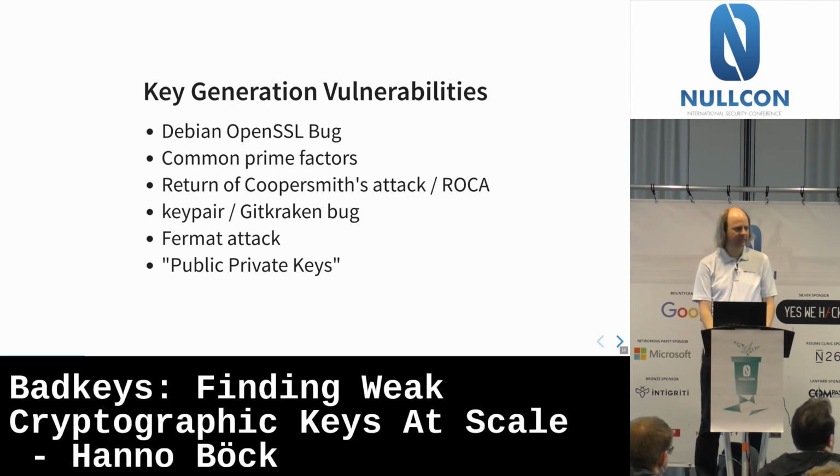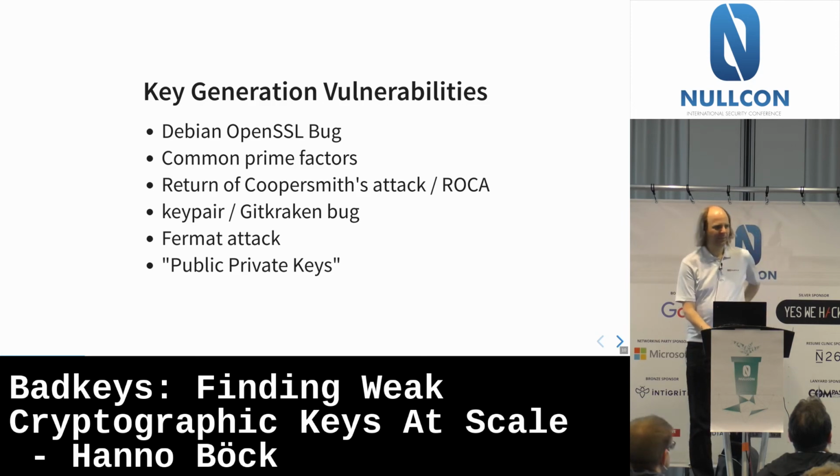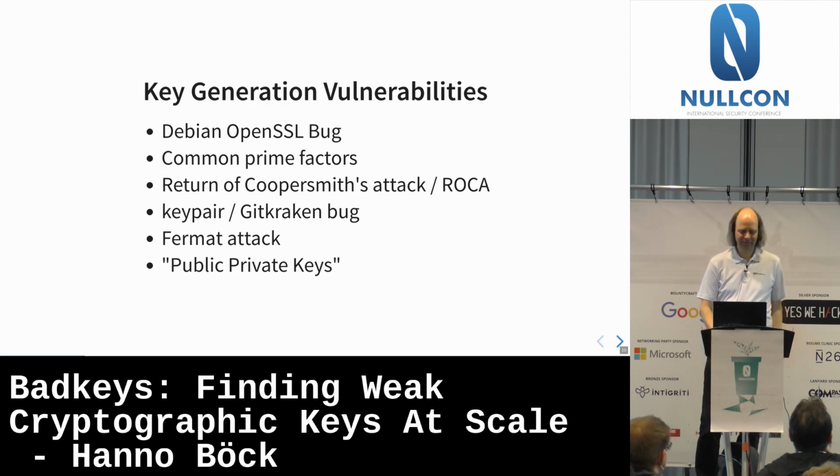Then I discovered a kind of new attack, or a kind of old new attack, because it's been known for hundreds of years, long before cryptography even was a thing, but I discovered that this is a real attack you can apply to real devices in the wild. And then there's something which I would call public-private keys, which is just a private key which is somewhere on the internet, basically.